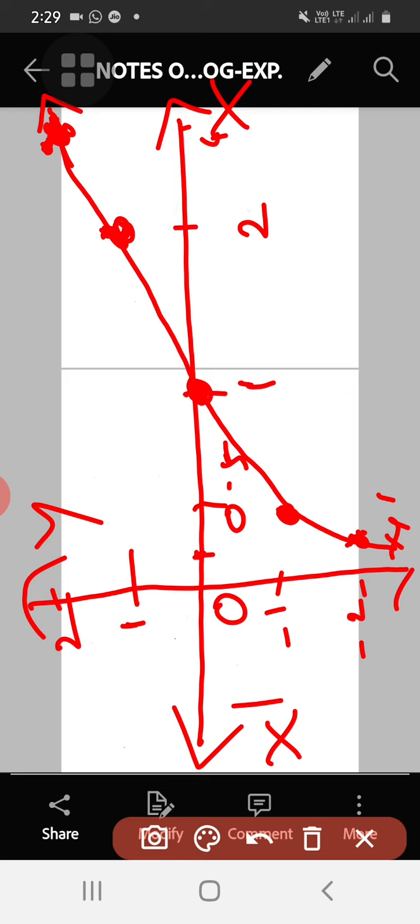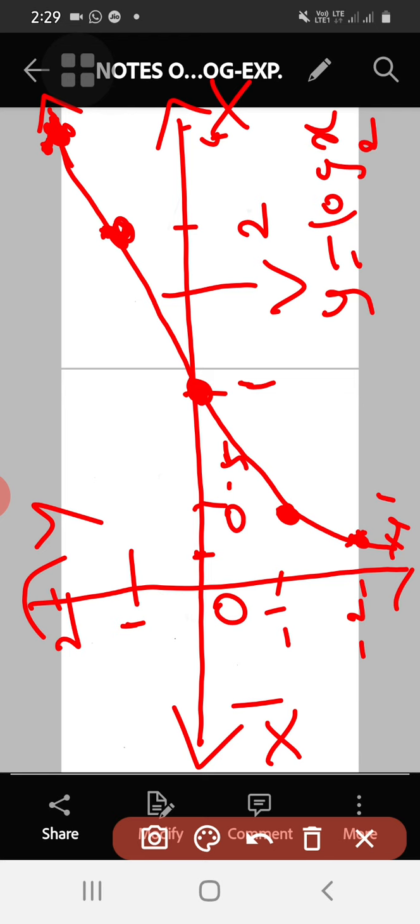See here. So this is the graph of y is equal to log x base 2.